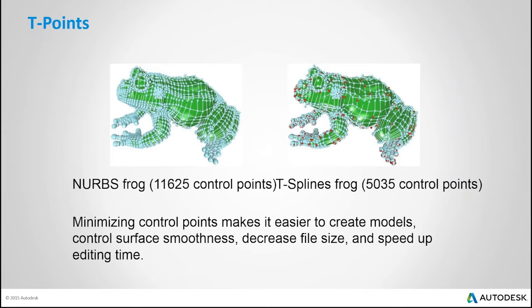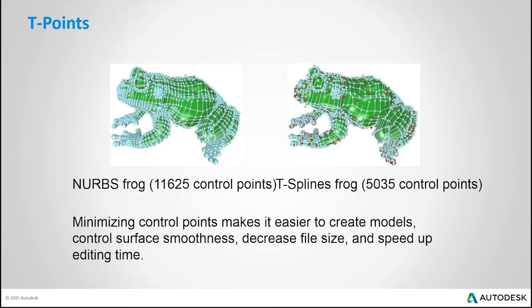So here are two examples of the visual difference between NURBS and T-splines. If we look at the frog on the left hand side, you've got 11,625 control points to deal with, and on the right, using the T-splines, the frog has only 5,035 control points.